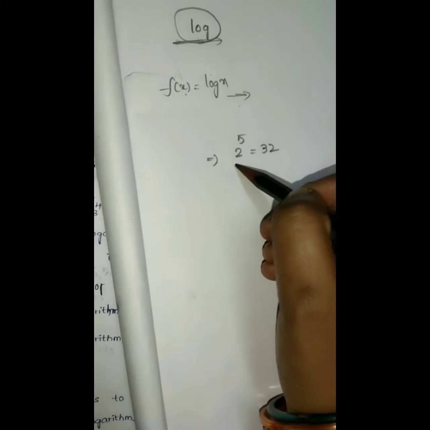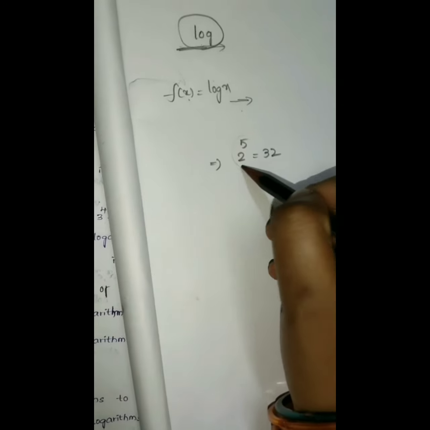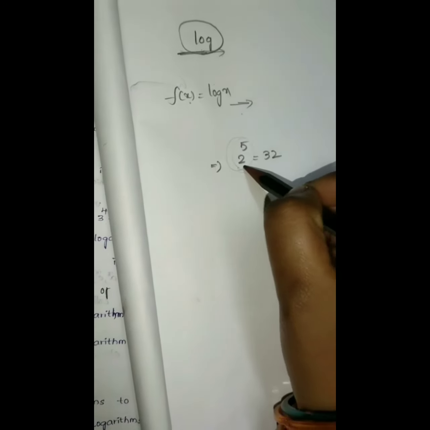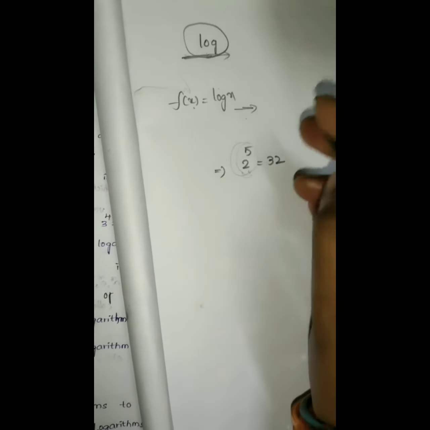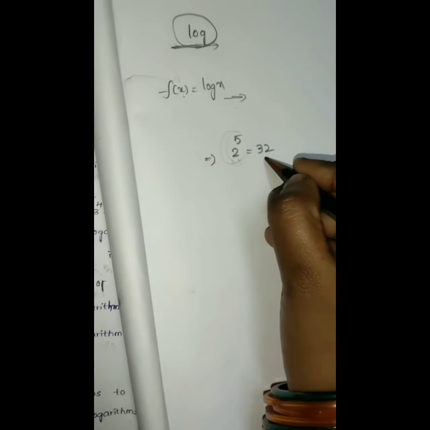So according to the definition of logarithm, logarithmic functions can be derived from exponential functions. So 2 power 5 is equals to 32.